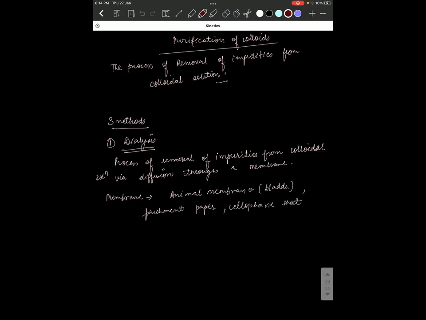So these are the membranes which are used, and the apparatus which is used for this purpose is dialyzer.